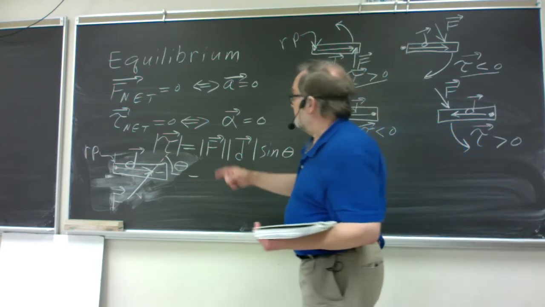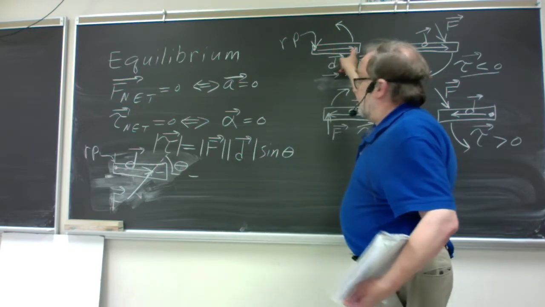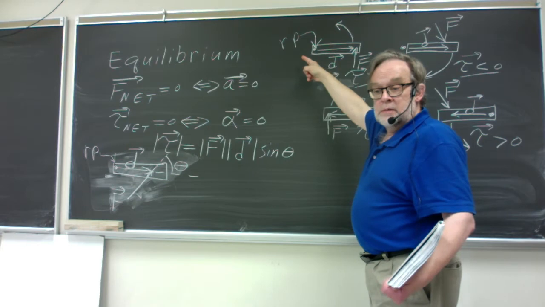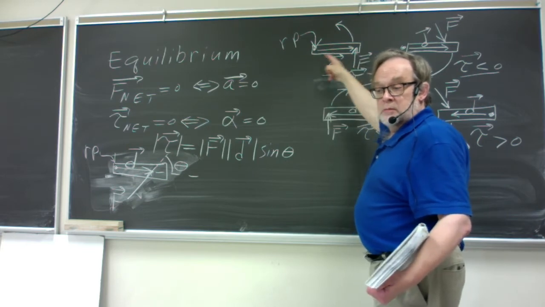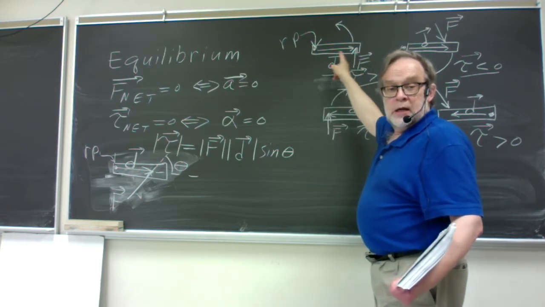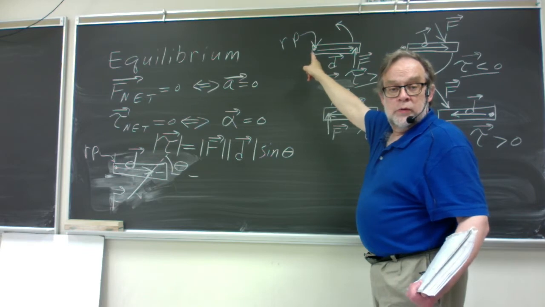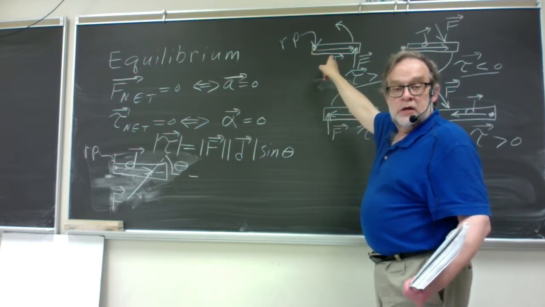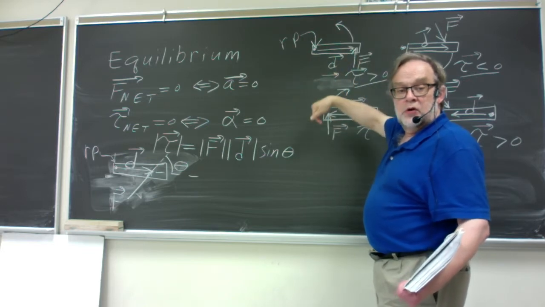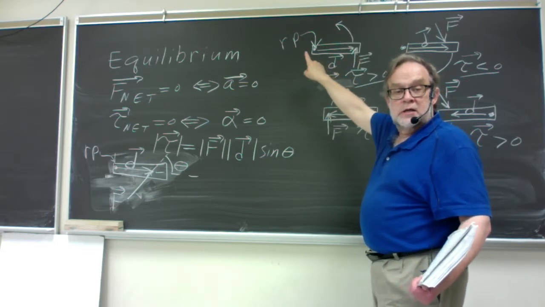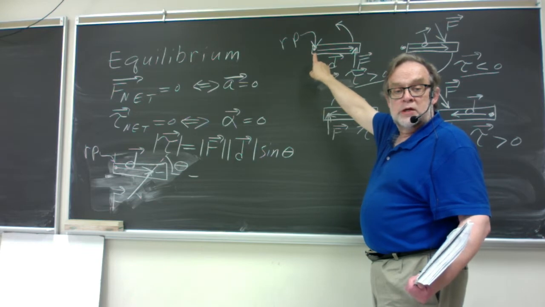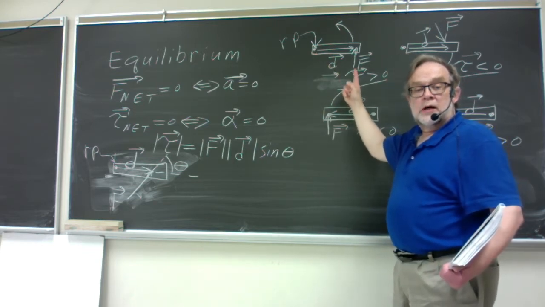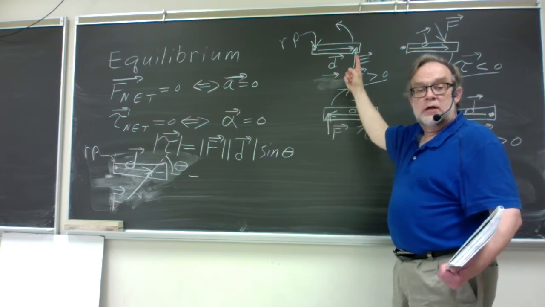So for example, here's just some long rod, and we imagine this is the reference point. Maybe this point is nailed down, and if you push the rod one way or the other, the rod rotates about this fixed point. So if you were to push the rod this way, apply the force right here.